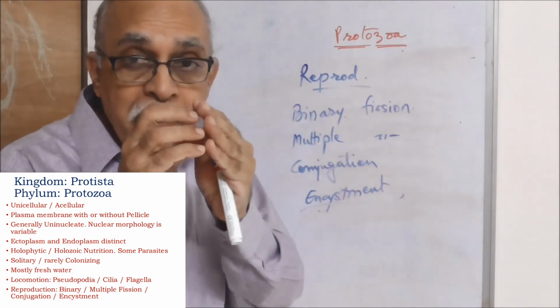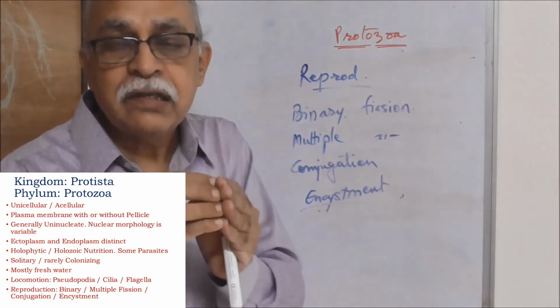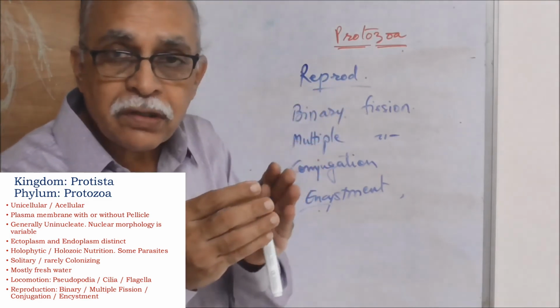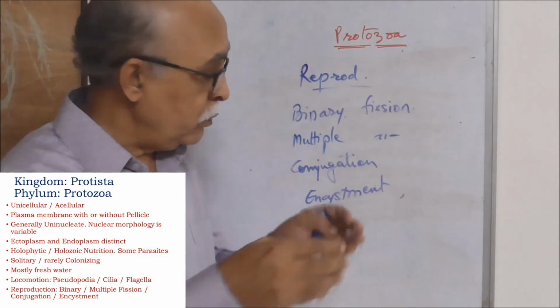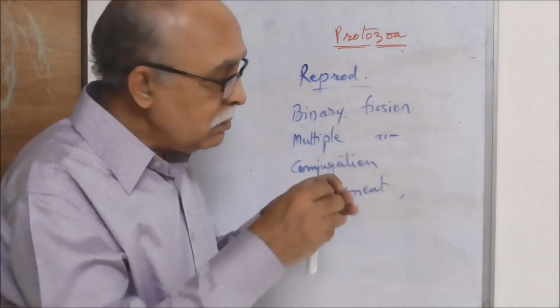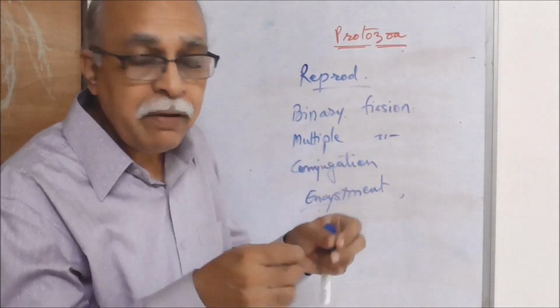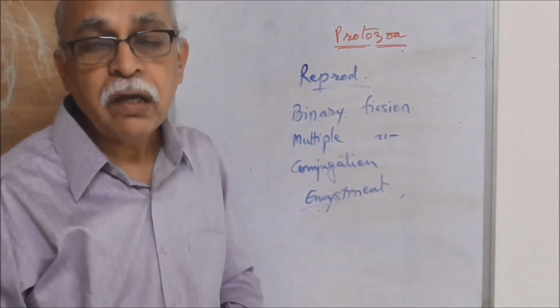That cyst would be a dormant, resistant stage. So once again, when that cyst comes across a suitable condition, a favorable surrounding, that cyst will disintegrate and the tiny cells will then start developing further to become the adult cells. Process of reproduction may continue.